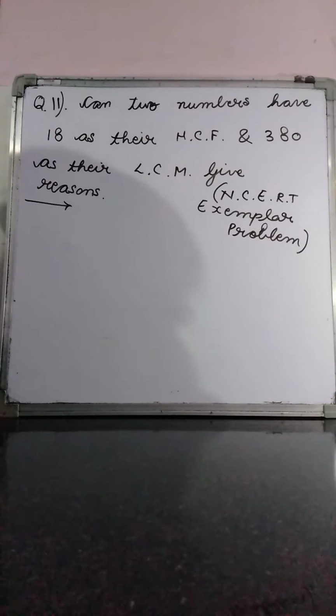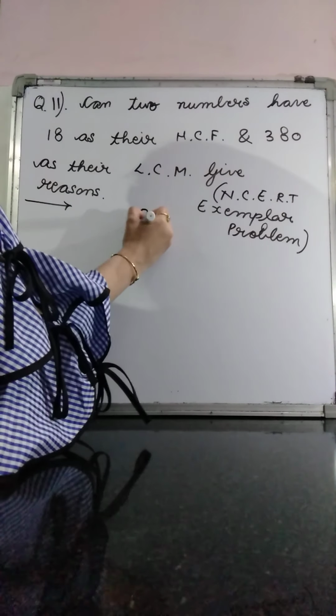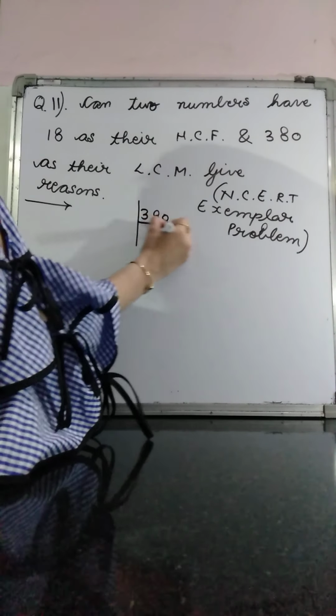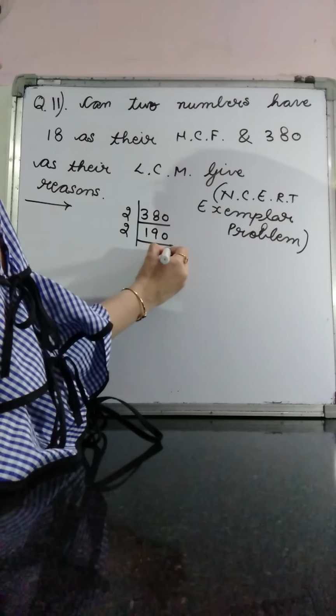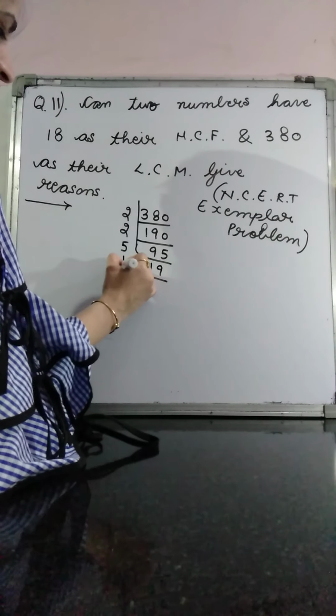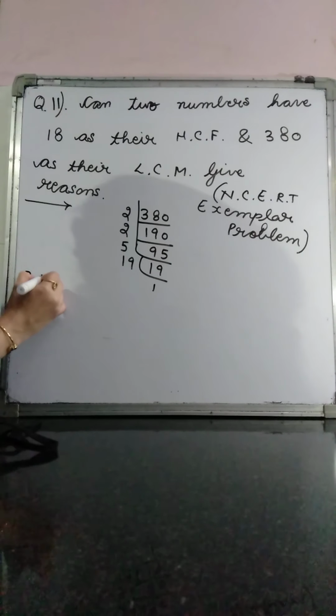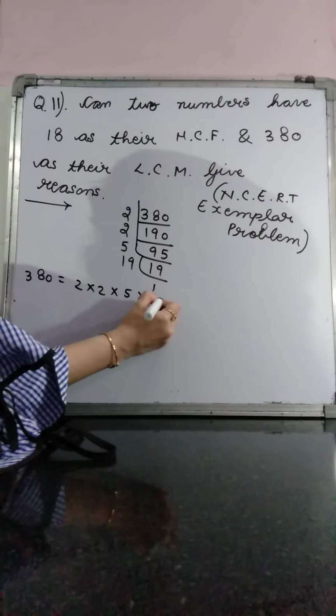Now the next question is, can two numbers have 18 as their HCF and 380 as their LCM? Give reasons. First of all, find the factors of 380. The factors of 380 are 2 into 2 into 5 into 19.